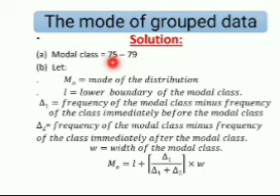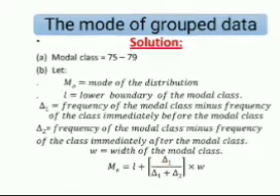So lower boundary here should be 74.5. To calculate the lower boundary, we need to subtract 0.5 from 75, and you are going to get 74.5. So L is equal to 74.5.